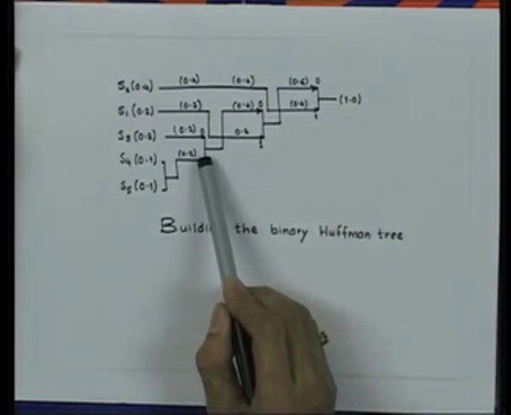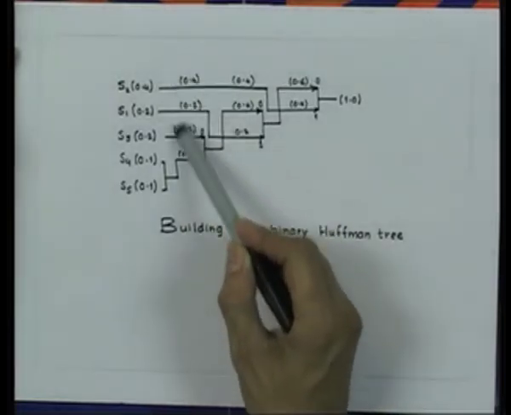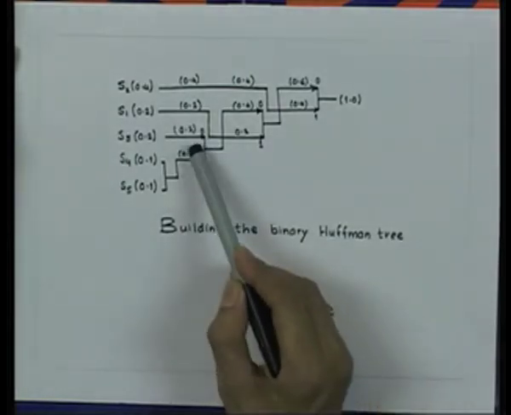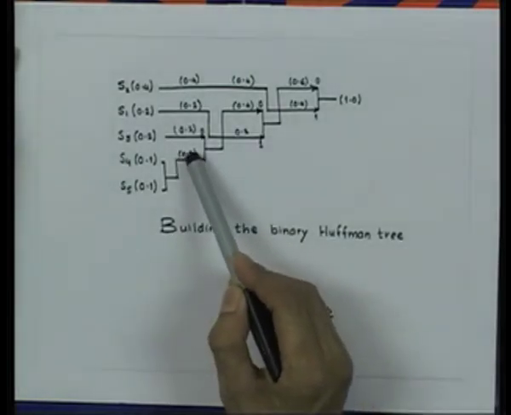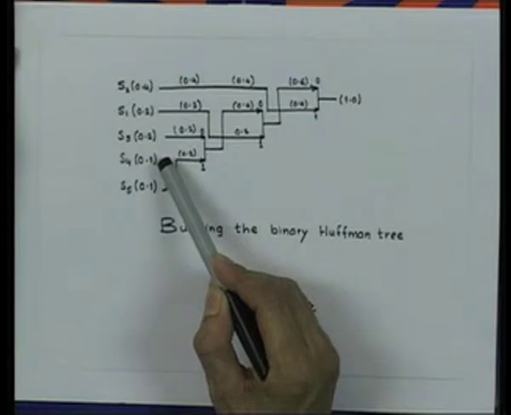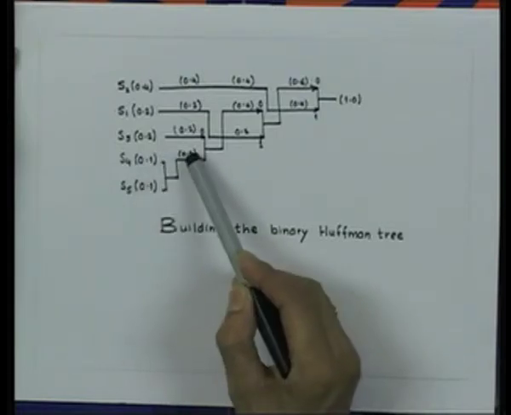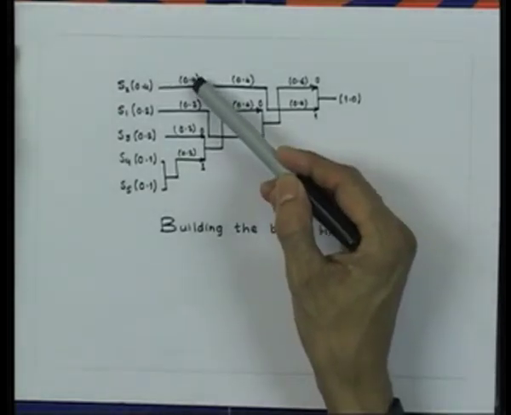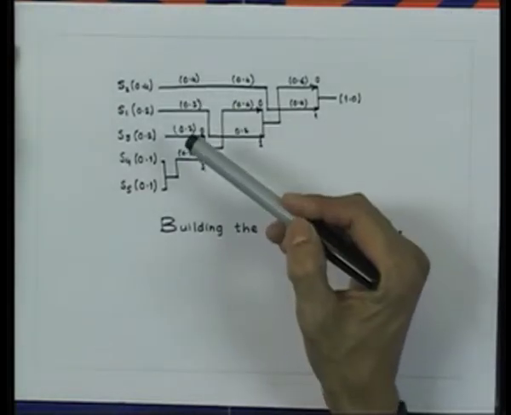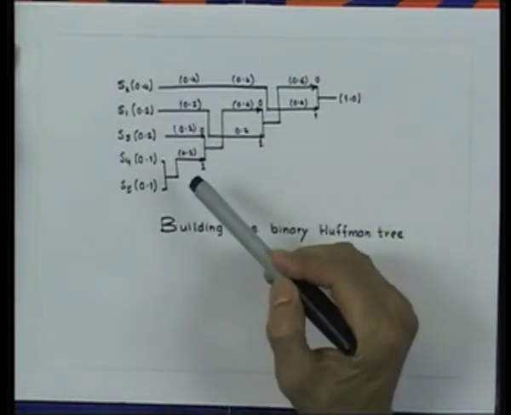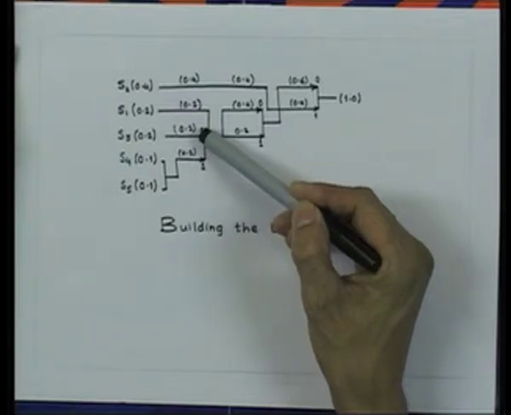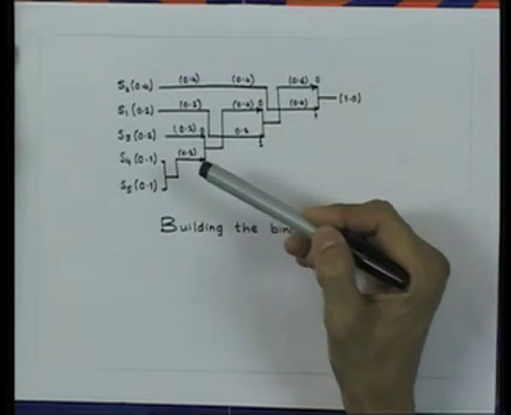This node is treated as a new symbol in this new alphabet which I get, and the probability of this symbol is the sum of the probabilities of its offspring. So, 0.1 plus 0.1, I get 0.2. Now, I get new symbols in the reduced alphabet corresponding to the new nodes. Again, combine the two nodes which correspond to the least probabilities.